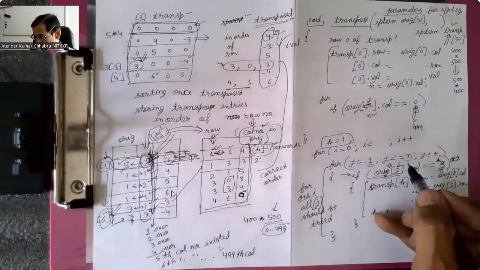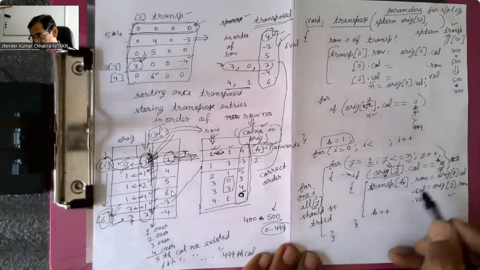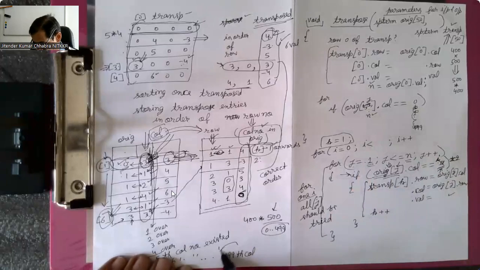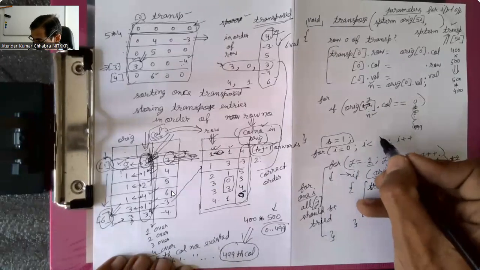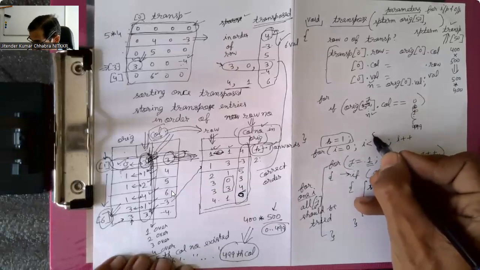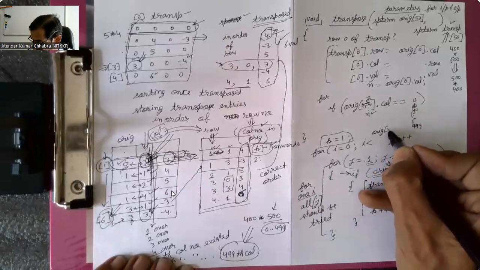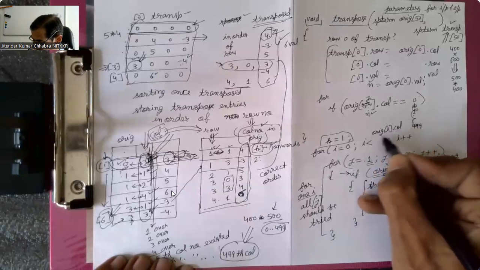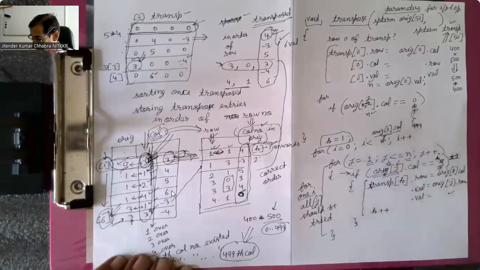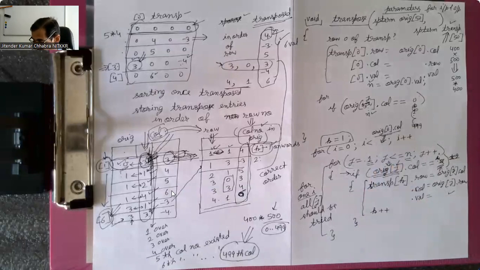Initially, my column number can be 0, and I should try for all possible columns. How many columns? Total 0 to 499. Effectively this is nothing but original 0 dot column. This tells the size of the columns in the original matrix. Those many times this should be repeated.